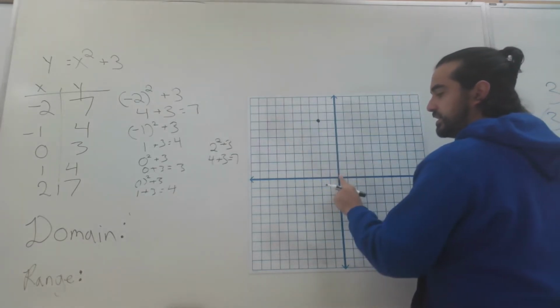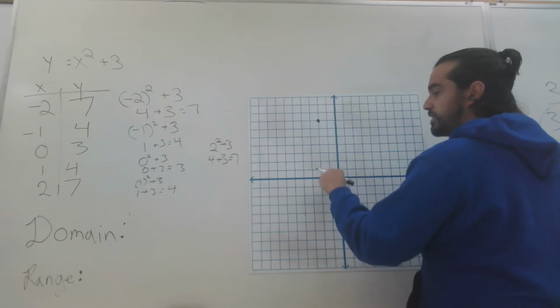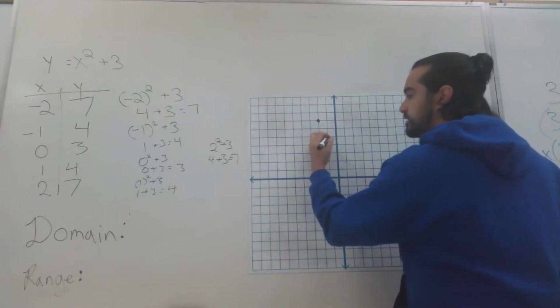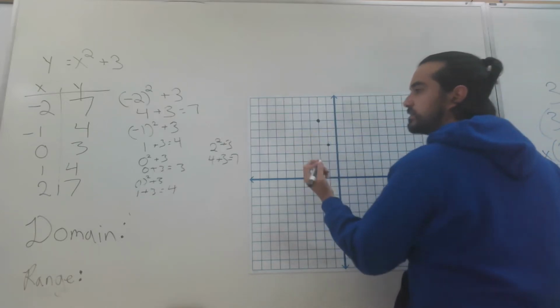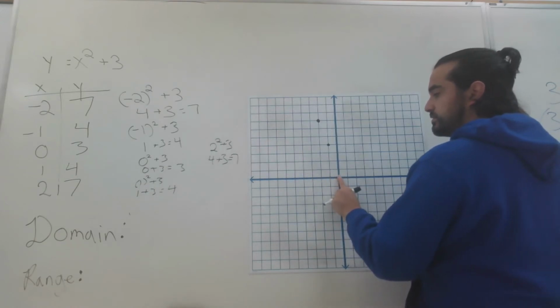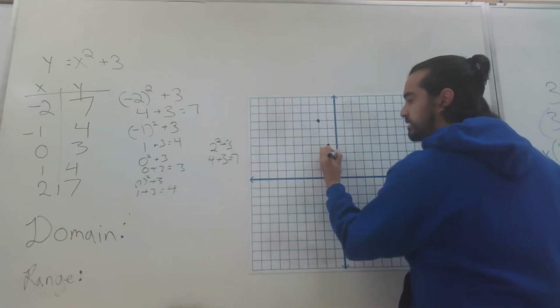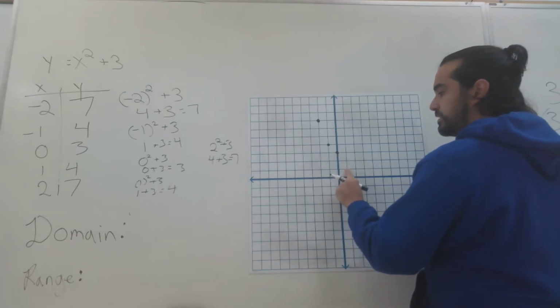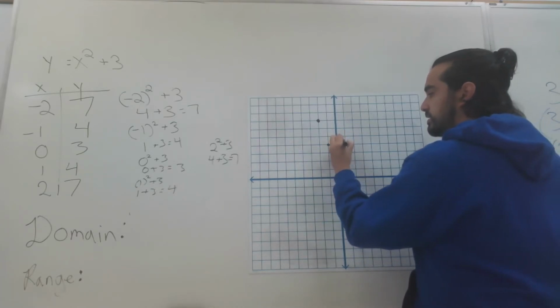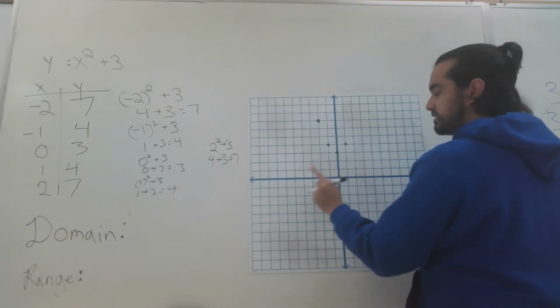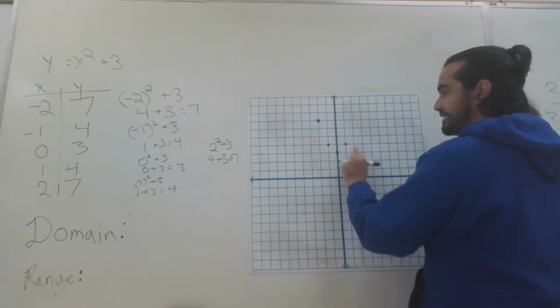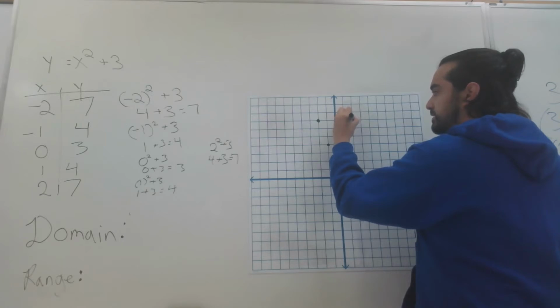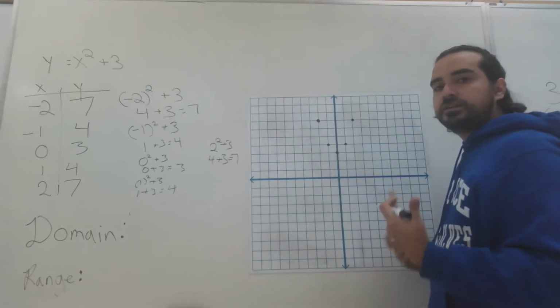The next one is (-1, 4): 1, 2, 3, 4. Then (0, 3), (1, 4), and (2, 7). Now I'm going to connect the dots.